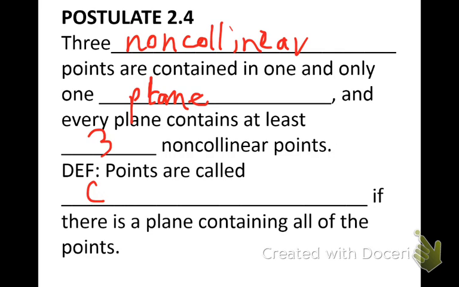Points are called coplanar if there is a plane containing all of the points. If a group of points are all in the same plane, they're coplanar.